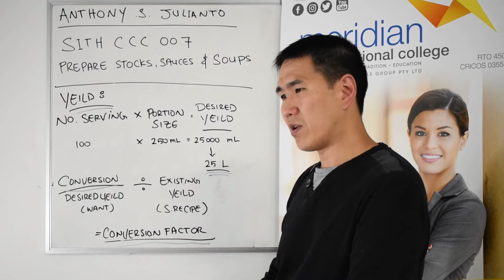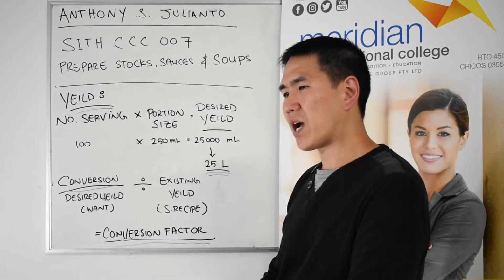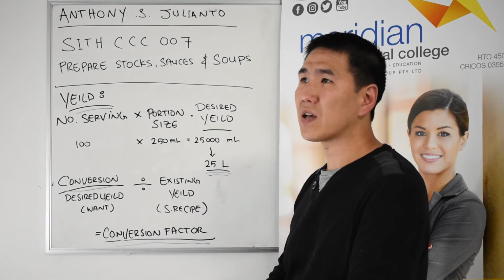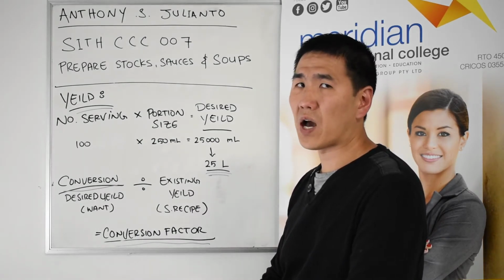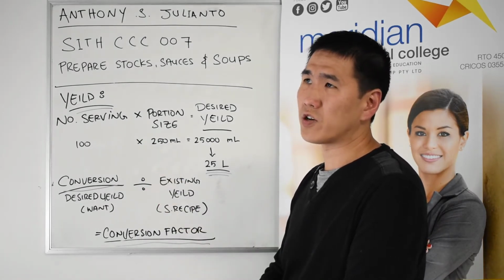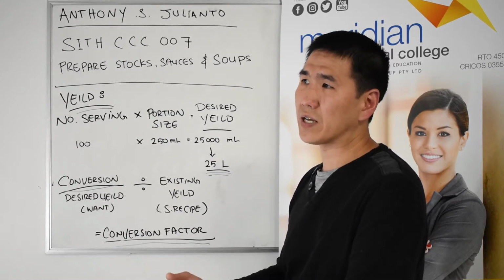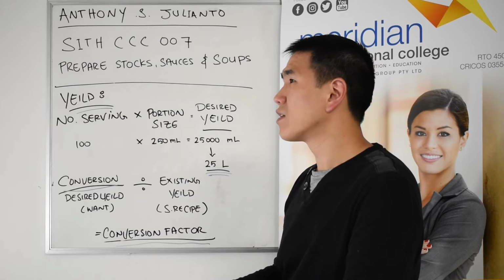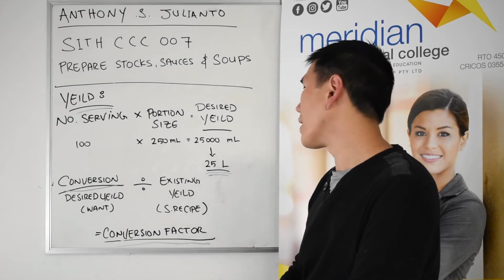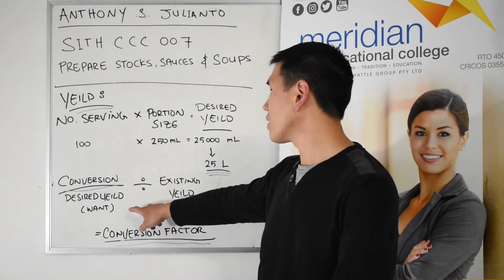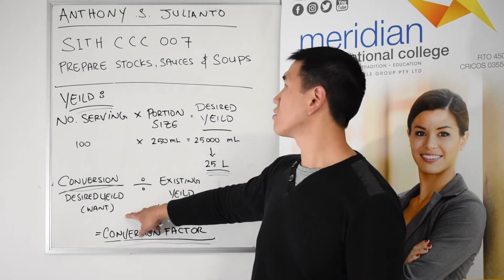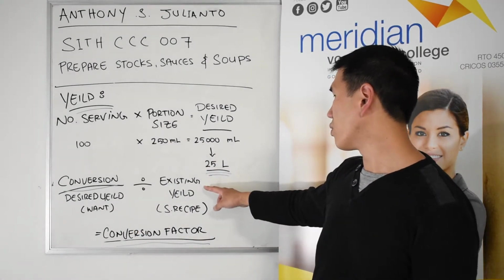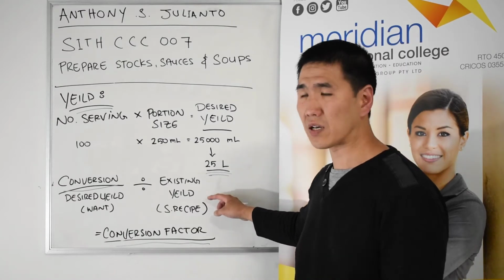Another part of doing calculations in your recipes is doing conversions. This means either you want to convert the recipe up or you want to convert the recipe down, like you want to make more or you want to make less of the ingredient. So the way you know this is by first checking how much you actually want, your desired yield, and then what is the yield of the actual recipe that you're using.